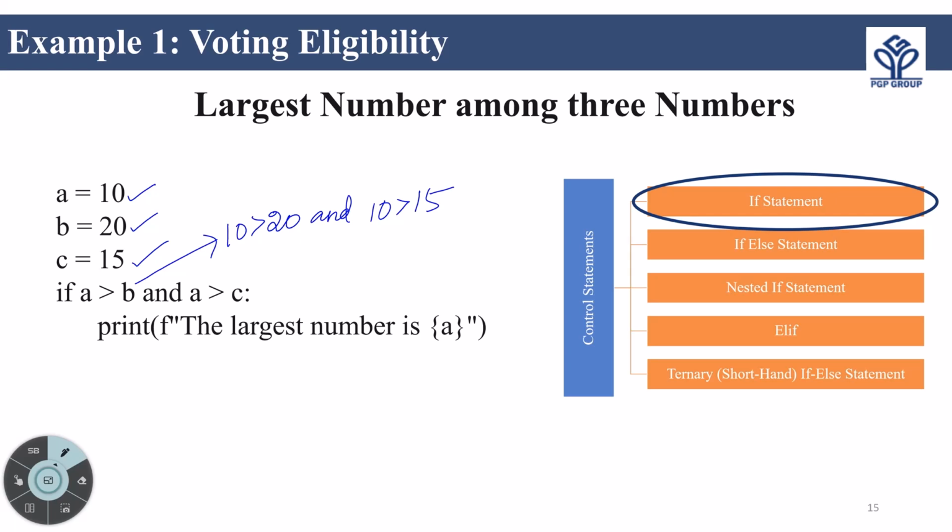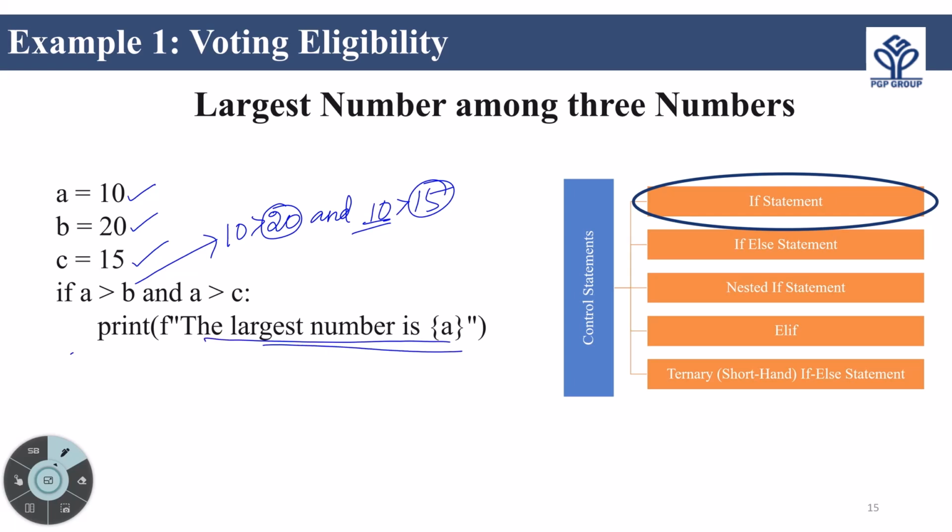Is this condition true or false? See that A greater B, our A value is 10, B value is 20. So B is greatest, and A greater C. So C is greater. So which one is smallest? So A. But we are getting the largest value.